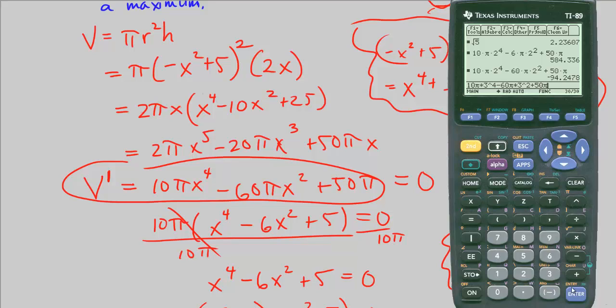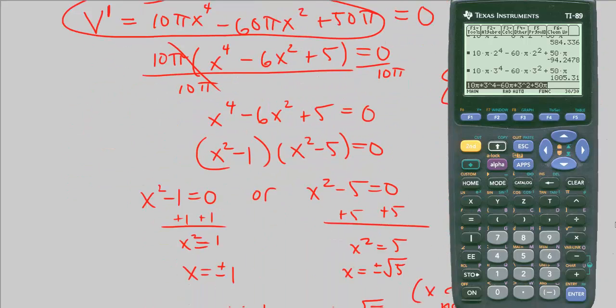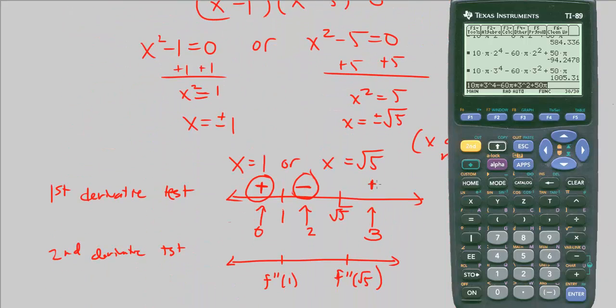Enter, and it's 1005 point whatever, which is positive. So that shows us positive increasing, negative decreasing, positive increasing. Which one's the maximum? 1 is the maximum. Square root of 5 is the minimum. So we know 1 is the maximum.